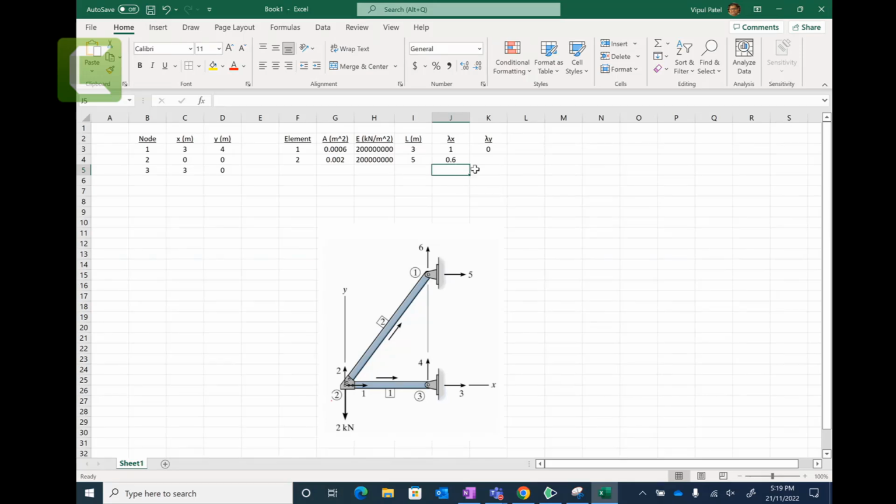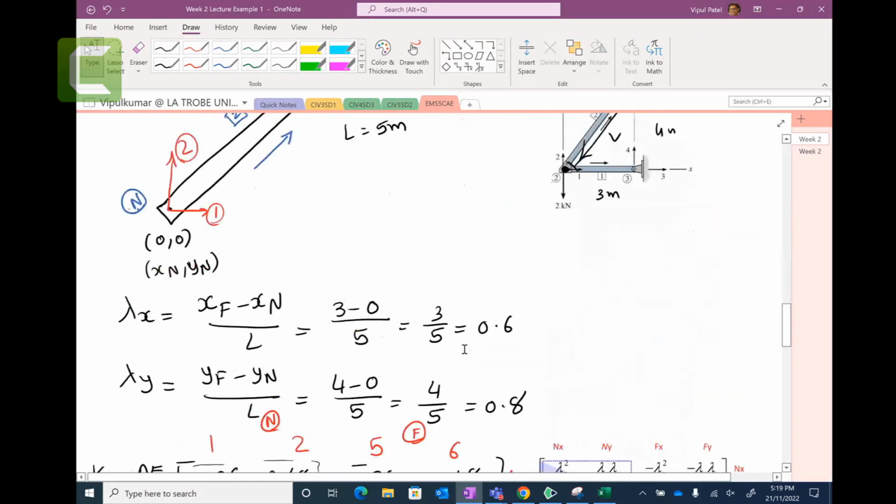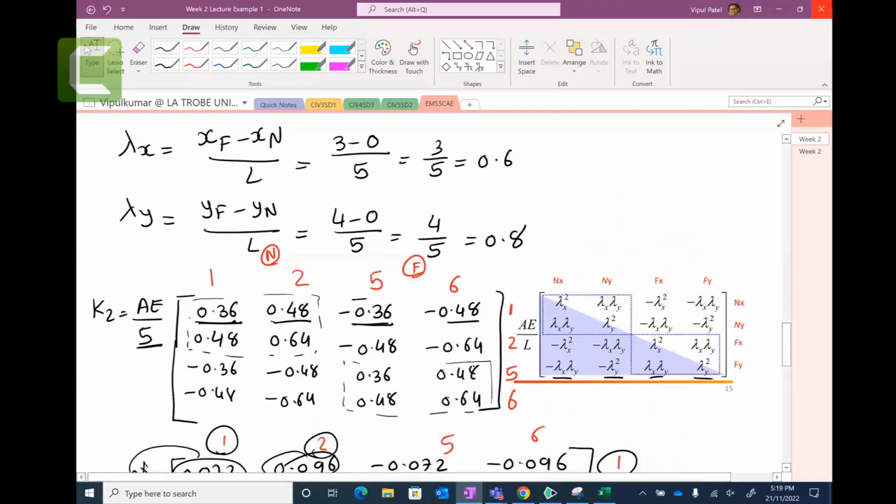I think if you check our calculation, it is 0.6. Bracket, y of number 1, take away y of number 2, divided by length L. So that is 0.8. If you check this lambda x and lambda y value, you will find exactly the same 0.6 and 0.8. So it's following.